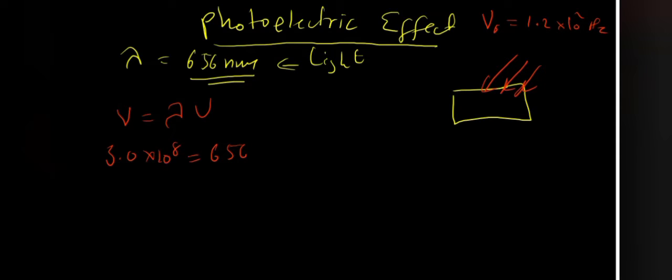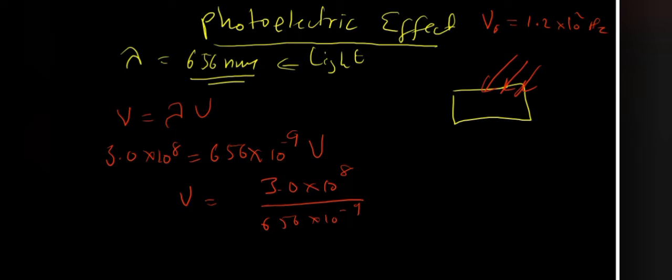Let's convert that to meters by multiplying by 10 to the power negative 9. So to get the frequency, we simply divide 3.0 times 10 to the power 8 by 656 times 10 to the power negative 9.